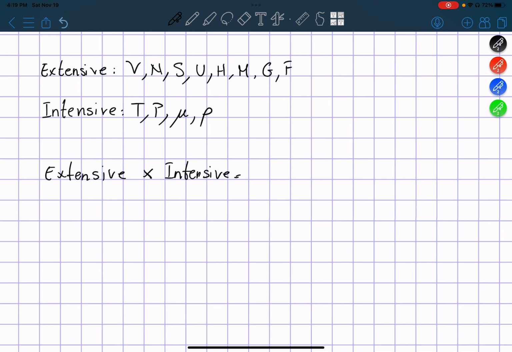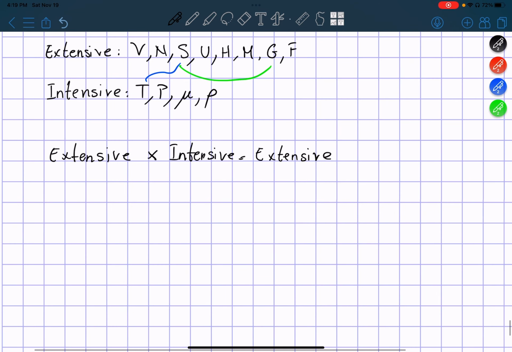Well, an example is S times T, and you end up with an extensive quantity. We know we end up with G, for example, if we have dG at constant volume, constant number of particles.